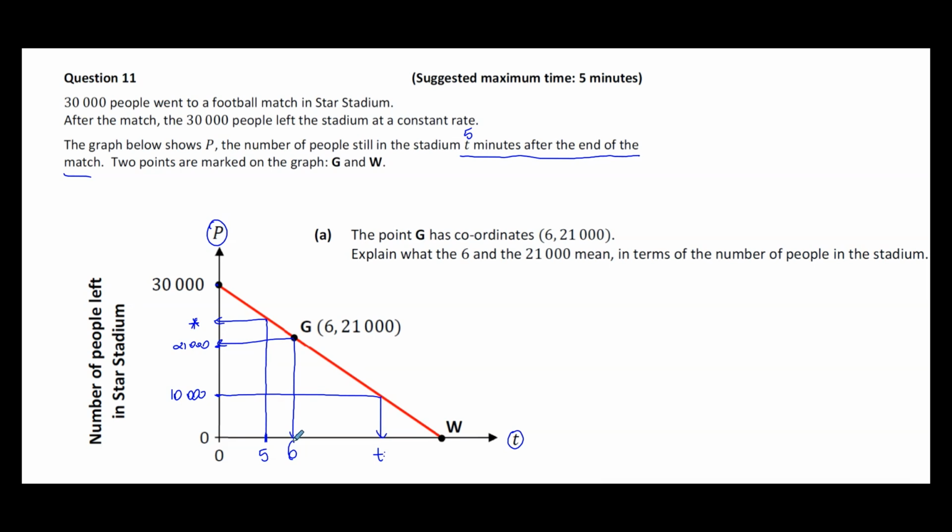So 6 is how many minutes after the game has finished, and 21,000 is how many people are still in the stadium, not how many left.